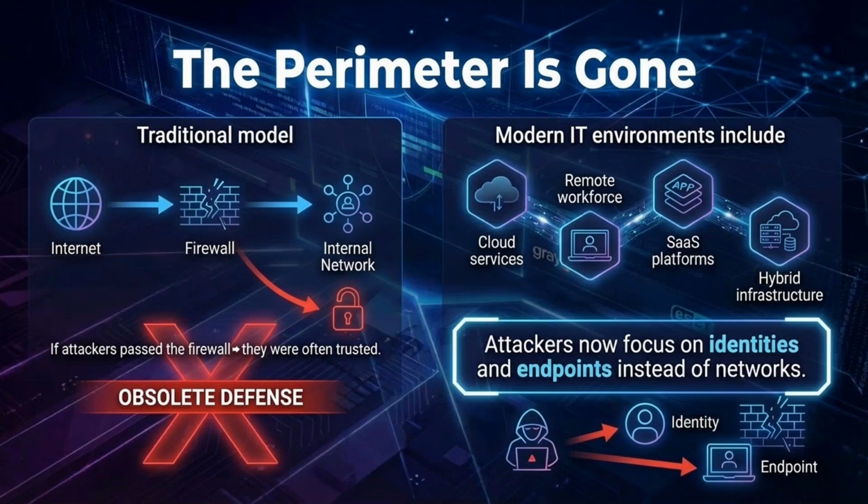So the perimeter is gone, because you are not keeping all your data within your office, right? That has changed rapidly over maybe 5 or 6 years, or 10 years, depending on how you see it. But definitely nowadays, no one can escape from cloud and SaaS applications. Your mobile phone uses lots of cloud. If you're using AI, no matter what you feed in, you are using cloud, right?